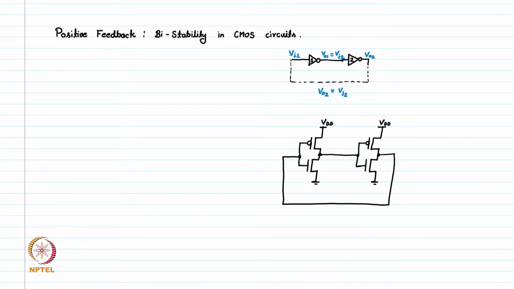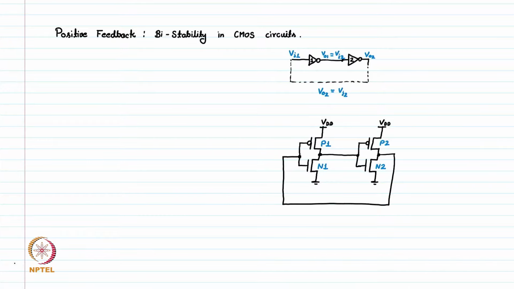So this is how a bistable CMOS circuit looks like. If we analyze it, this is PMOS 1, this is NMOS of first inverter, this is PMOS of second inverter, and this is NMOS of second inverter.